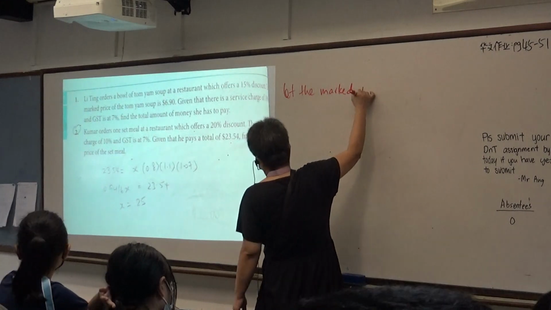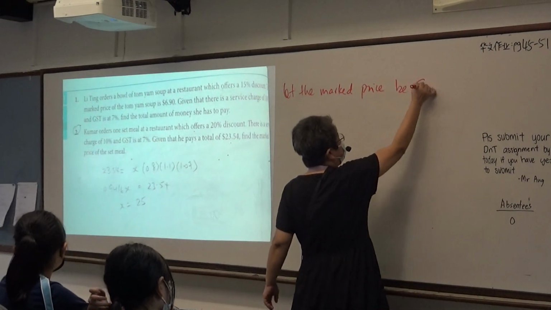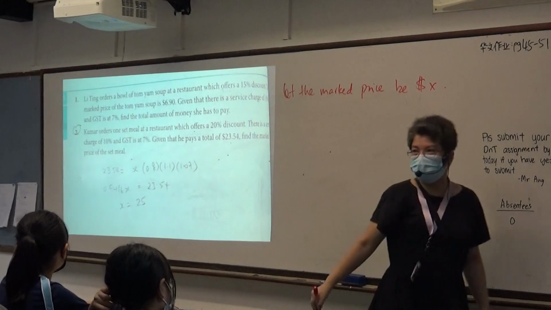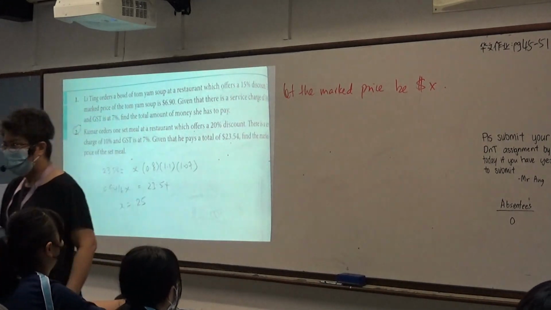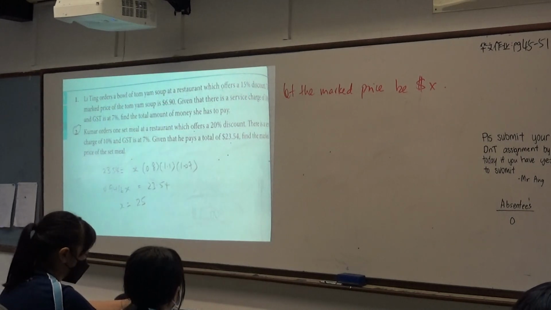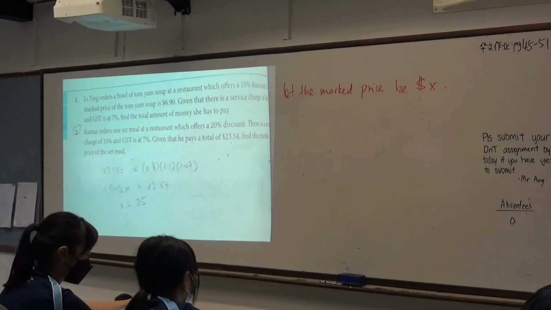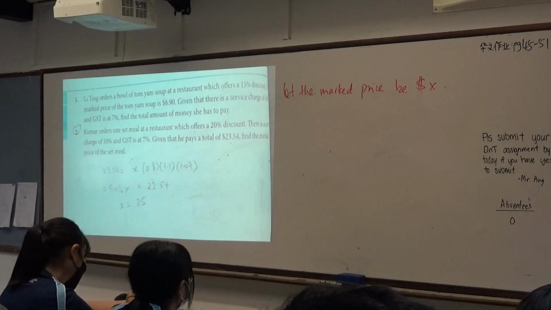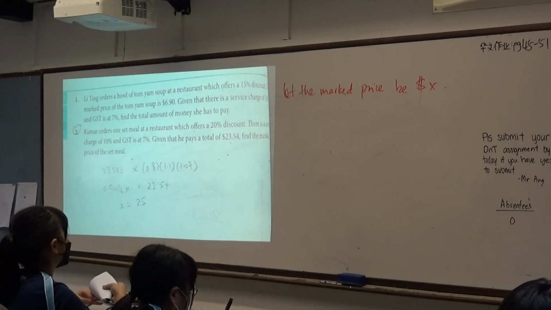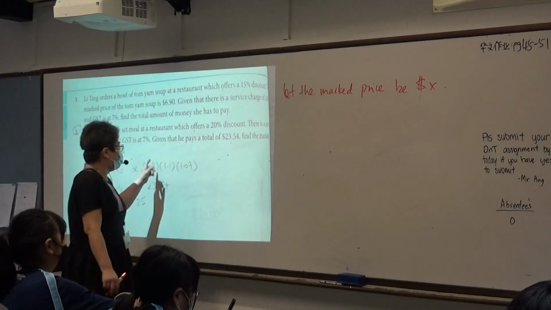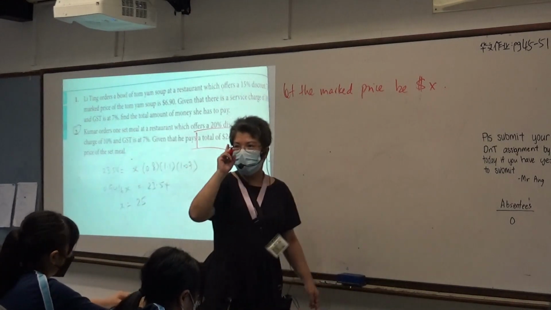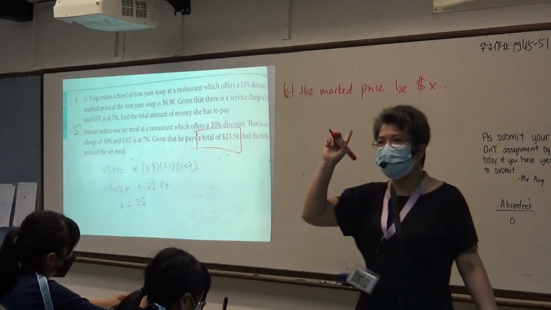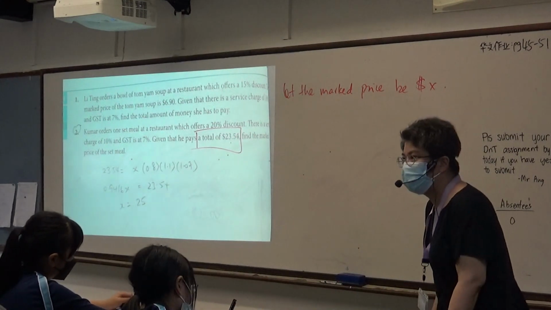The mark price be X dollars. All of you write down this. I want everyone to write this down. Now, I want you to look at this one. That means at the final end, he pays what? $23.54.